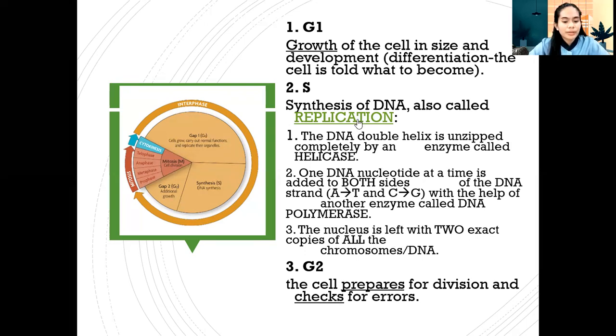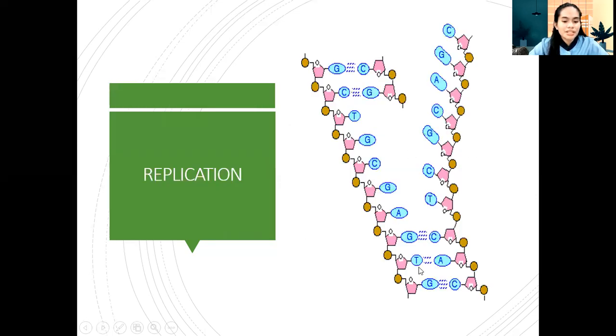So let's check replication. Then in G2, the cell prepares for cell division and checks for errors. We have discussed that a while back. This is replication, rather.